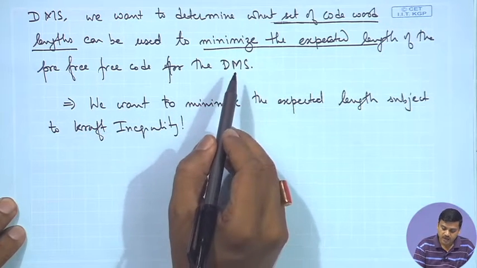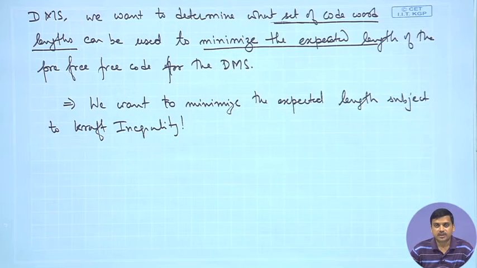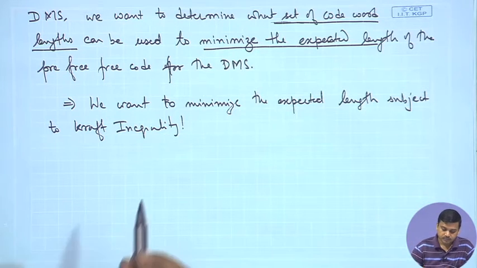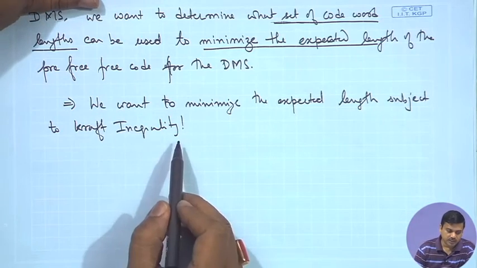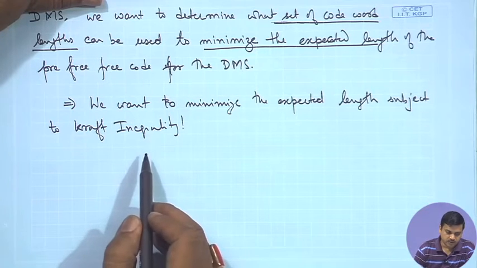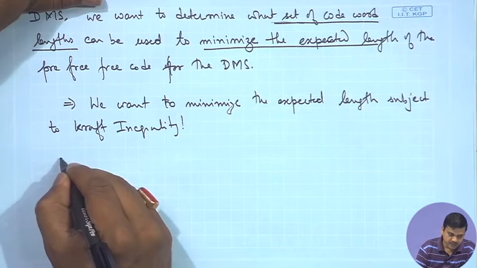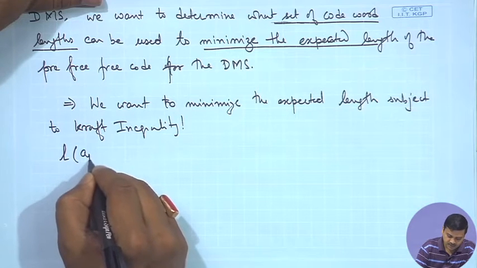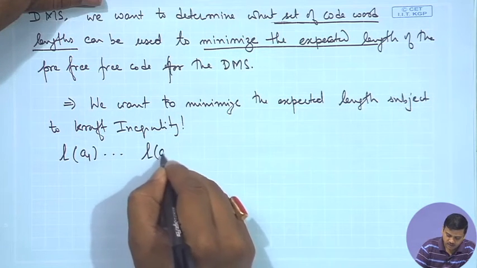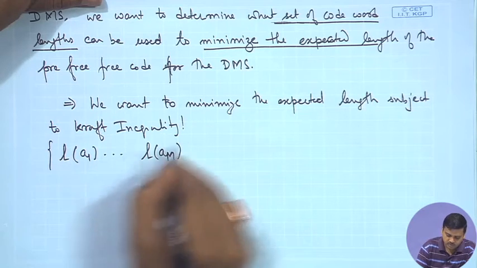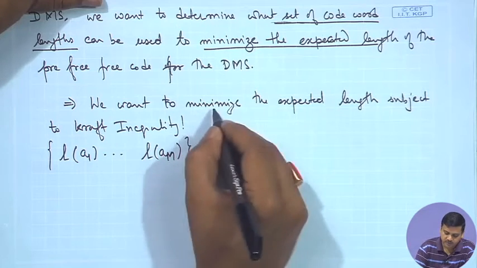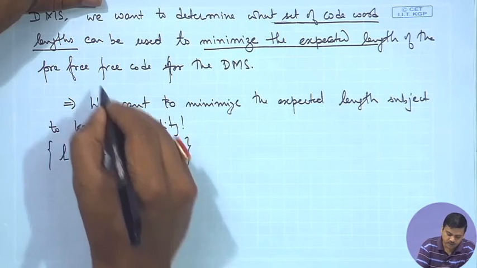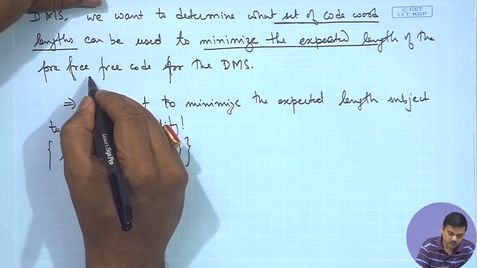So, we have a discrete memoryless source and we are saying that the codes will be prefix free. Even if these are prefix free, we have to minimize the length. The moment we say prefix free code, we can immediately jump onto this Kraft inequality. So, to begin with, let there be these lengths L of A1 up to L of AM, which we have used before, and of course, these lengths already satisfy the Kraft inequality because it is a prefix free code.